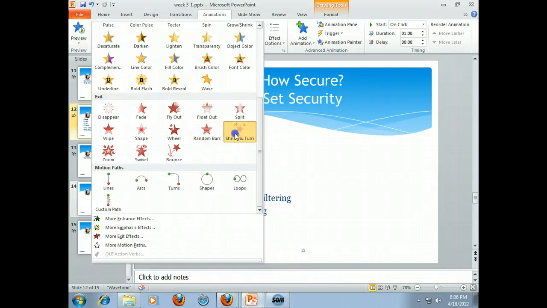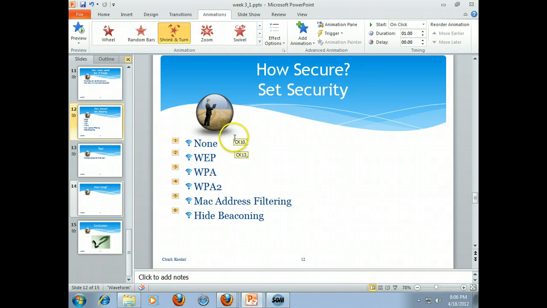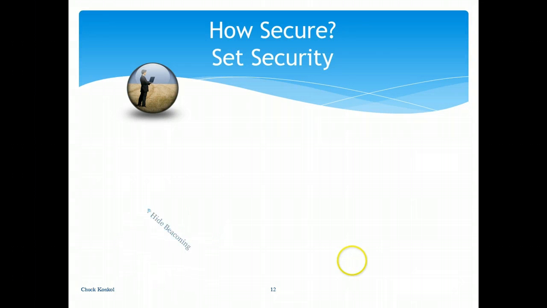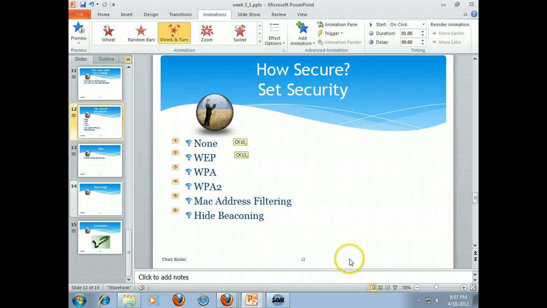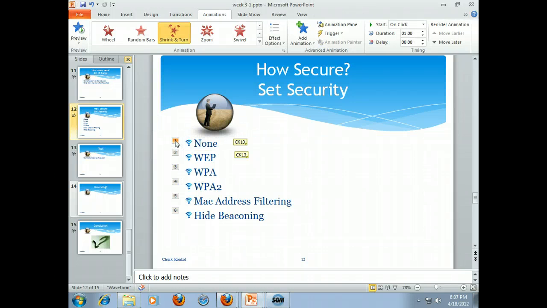I'm going to do like shrink and turn for this one. Okay. And so you can do reverse. So different concepts, but also to these numberings, you can actually move these around too.